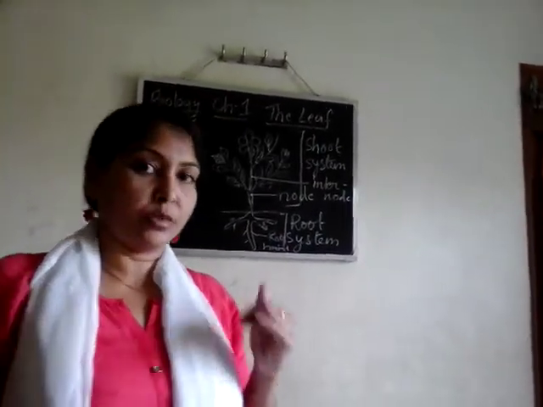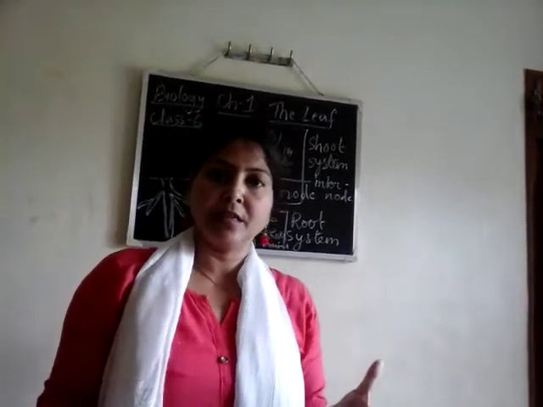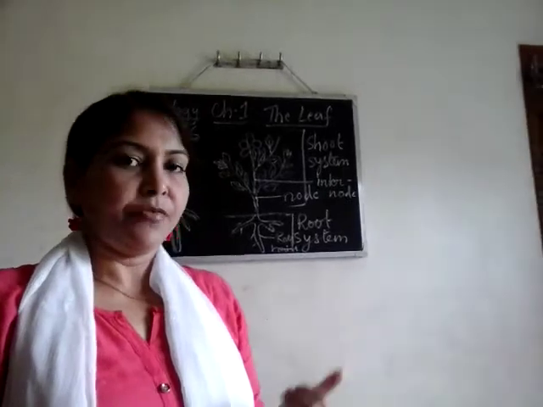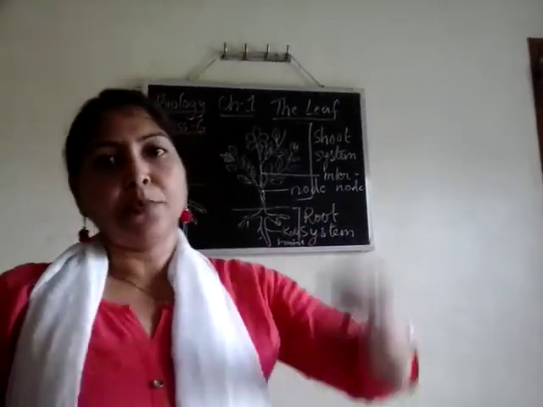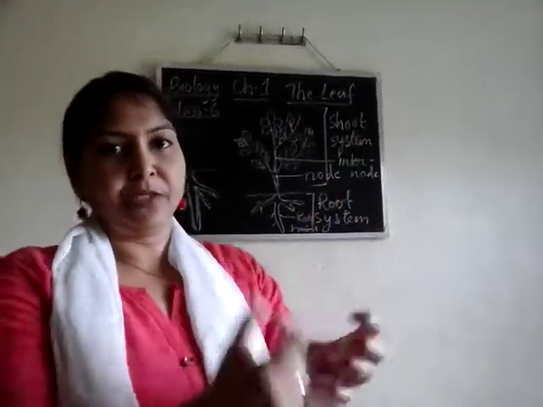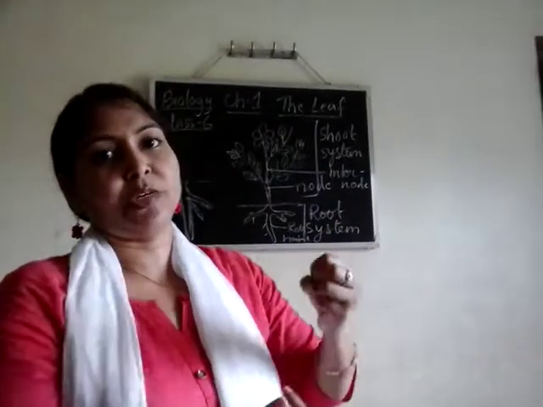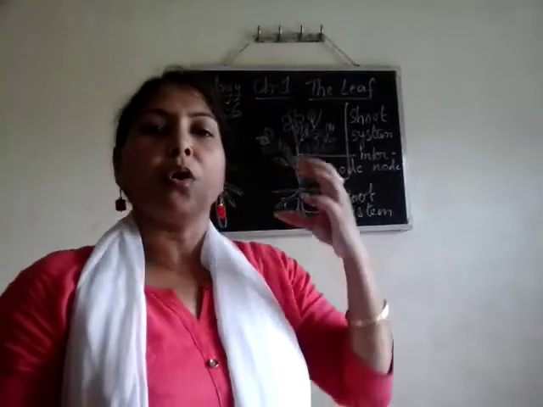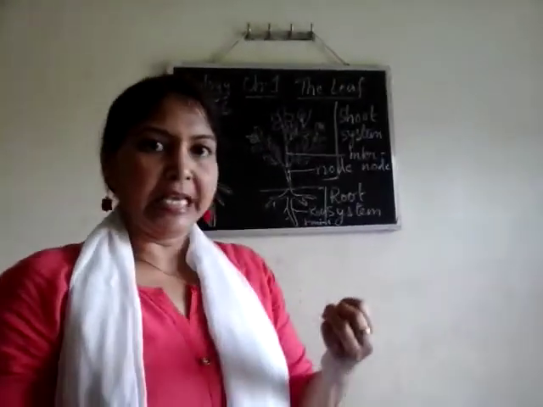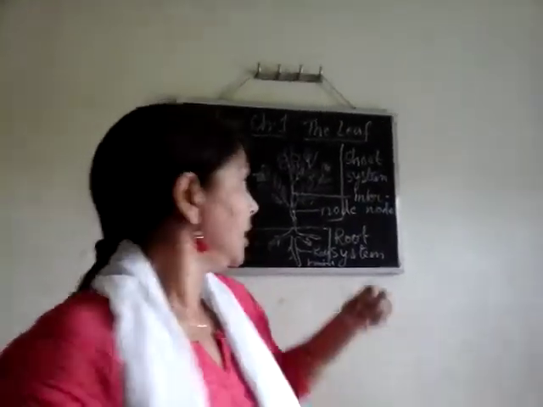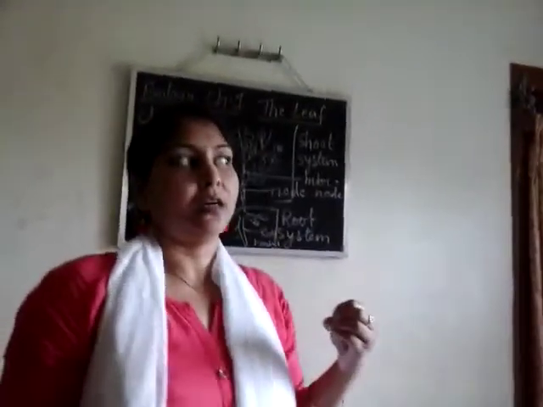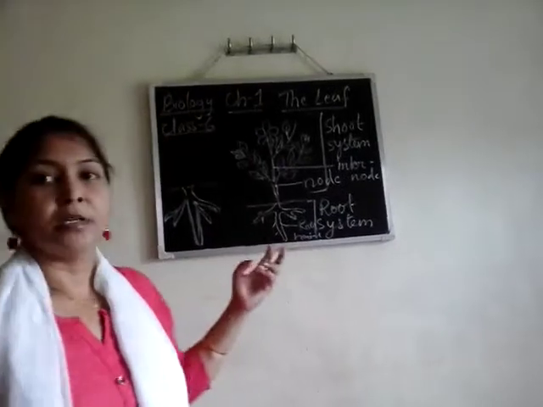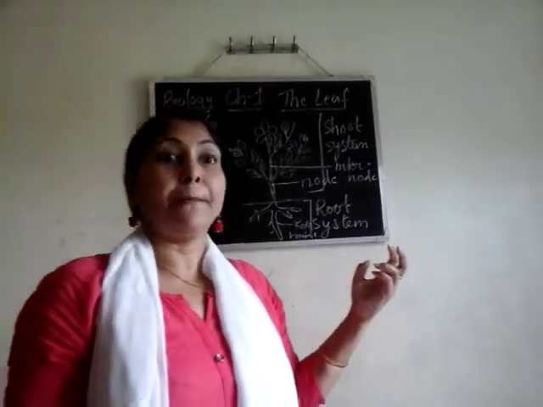Now if you have noticed different plants, all the plants are not having the same roots. If you see, just uproot one grass, a bunch of grass, with the root. What you will see is that the roots of grass are not the same as the root of, for example, a peepal tree.